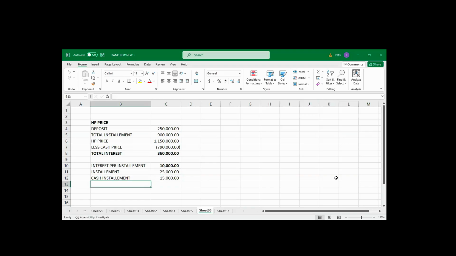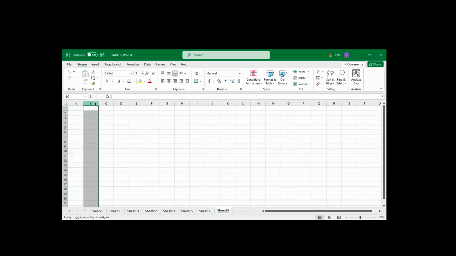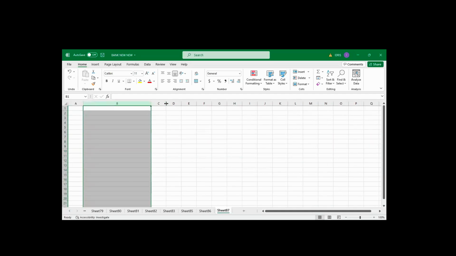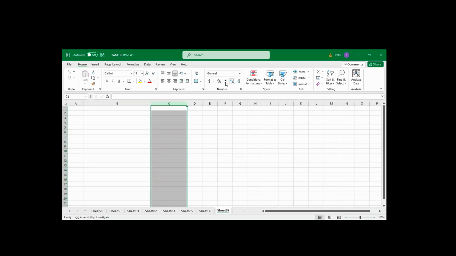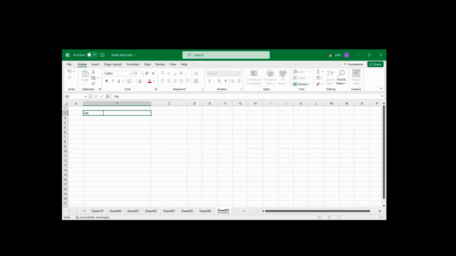Now, the first question said we should calculate the capital gain tax after payment of how many installments? 36 installments. Let's go and compute the capital gain tax. Union Company Limited, computation of capital gain tax.